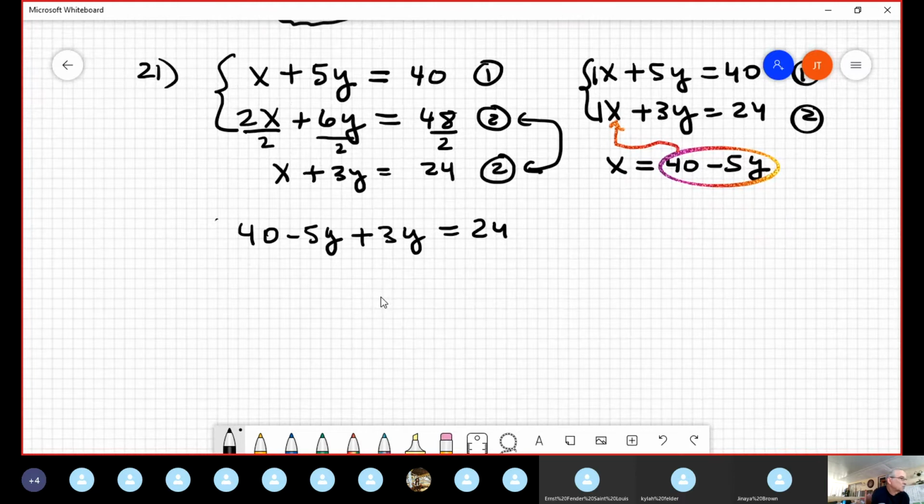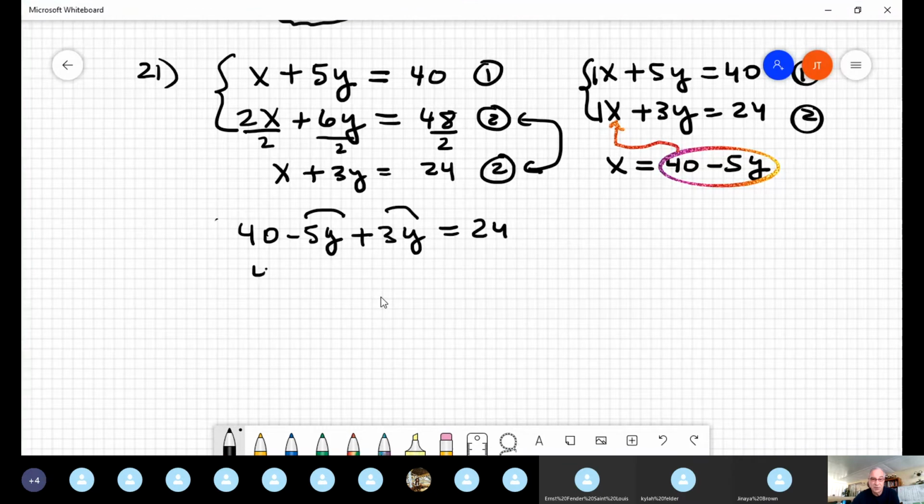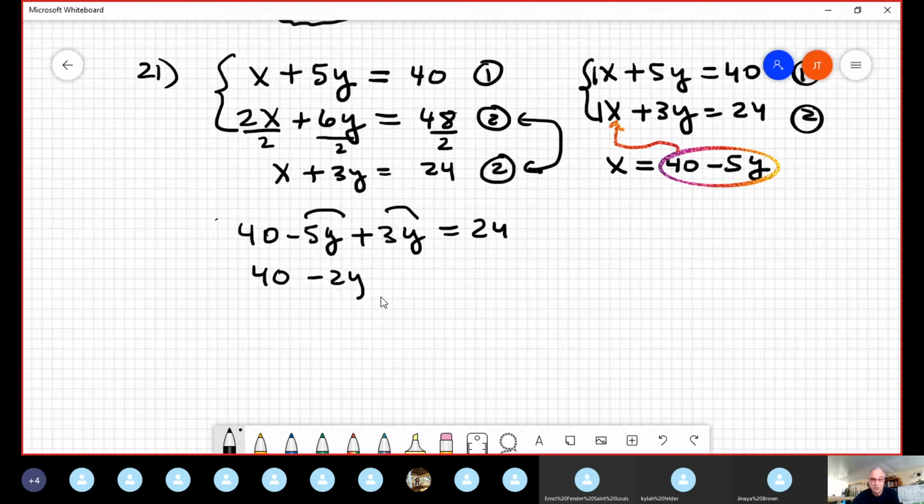Okay, now we combine like terms. These and these are like terms. So 40, I bring down 40, minus 2y equal 24. Minus 2y is equal to 24 minus 40.